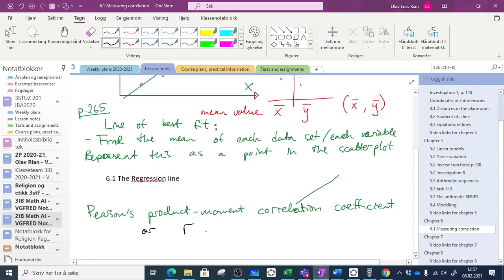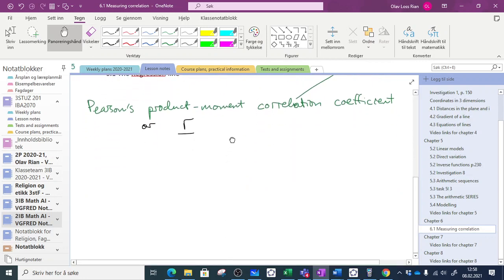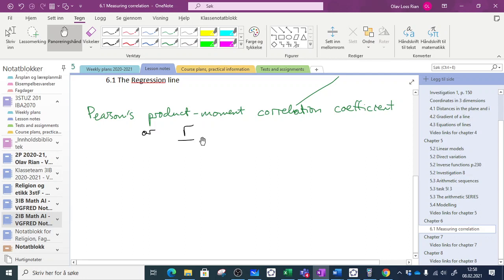And this R value is going to be important. And we're going to learn how to interpret it. So on the calculator, we can easily estimate this value of R once we have the data. And we'll look at an example afterwards.